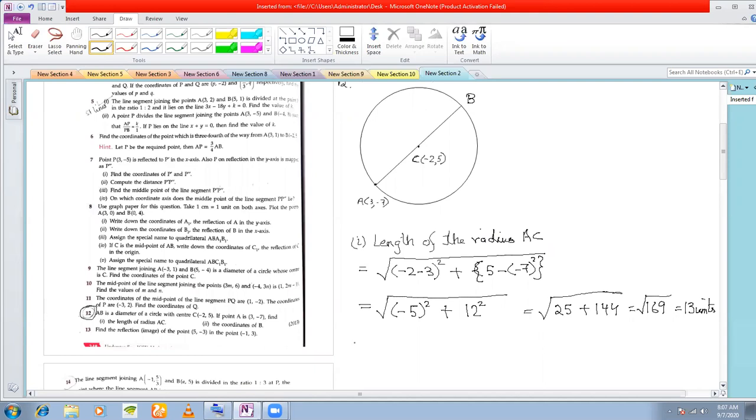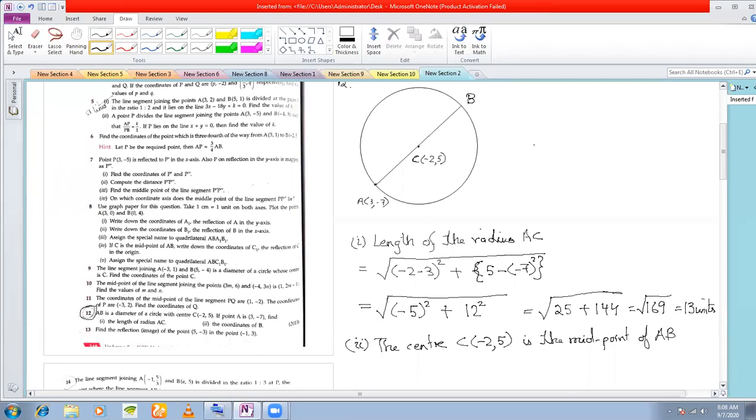So we'll write the center C, minus 2, 5 is the midpoint of AB.